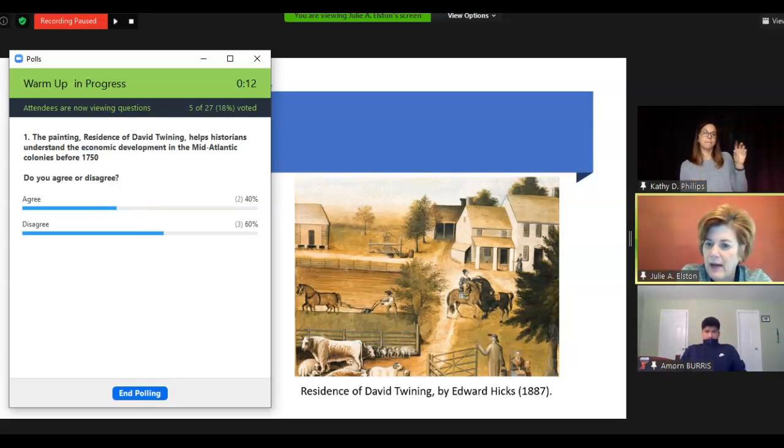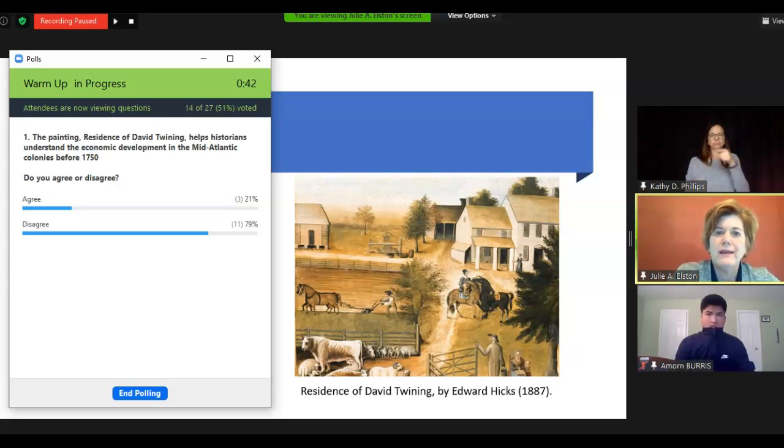And it was painted by Edward Hicks in 1887. So my question for you is, would this painting help historians understand the economic development in the mid-Atlantic colonies before 1750? Do you agree with this statement that it would be helpful, this painting would help historians? Or do you disagree and say, no, this painting would not help a historian?